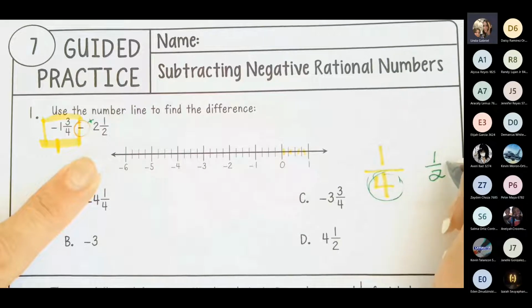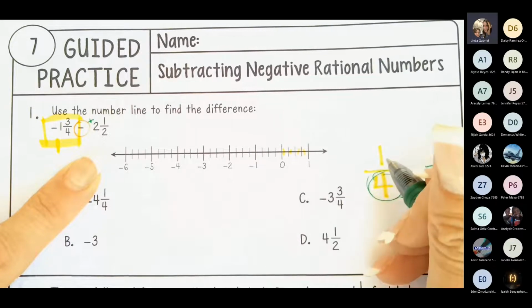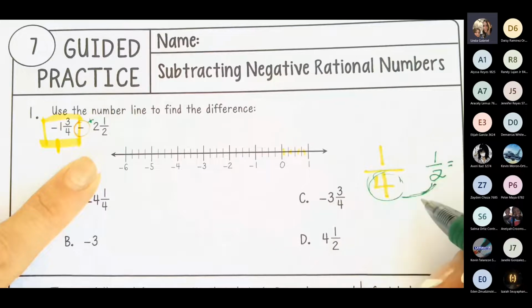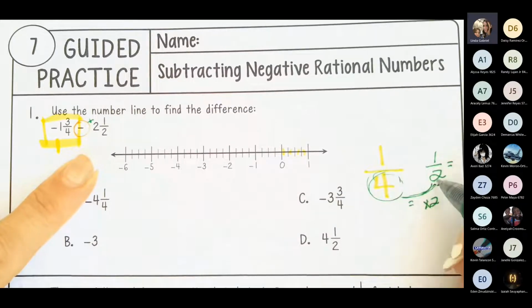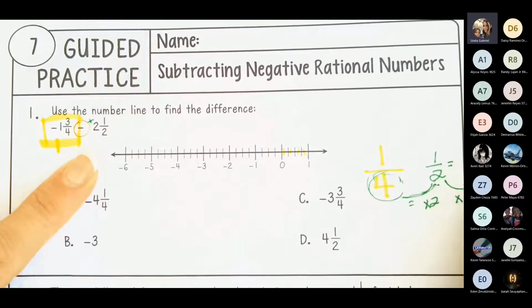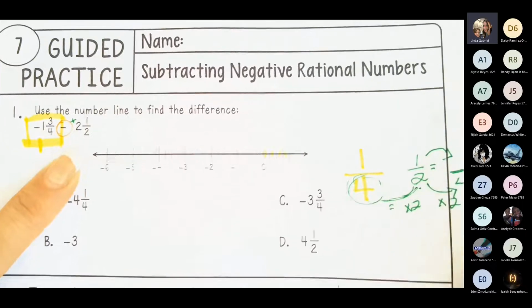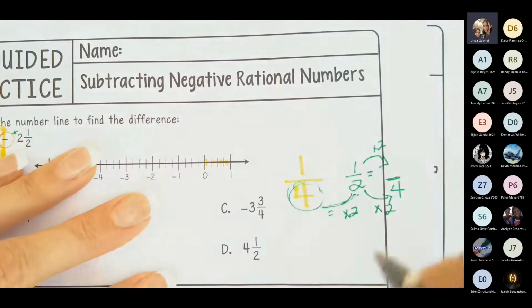So if I have 1/2, I need my bottom numbers, my denominators, to be equal to each other. So if I look at 2 and 4, I know that I have 1 on top, so I can't divide 4 by 2, but I can multiply 2 by 2 to equal 4. So if I multiply this by 2 to get 4, I need to multiply my numerator by 2 to make this equivalent, right?